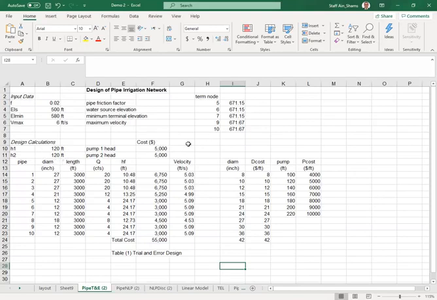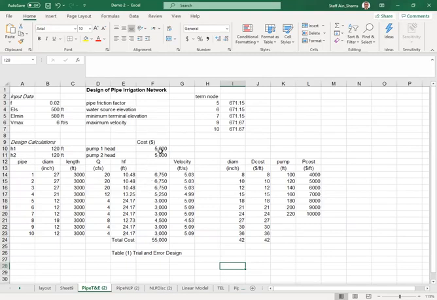And a section for the design calculations for pipes, including pipe number, diameter, length, and discharge. The discharge is calculated backwards from the 4 CFS at the terminal nodes, the head loss, and the cost of pipes.